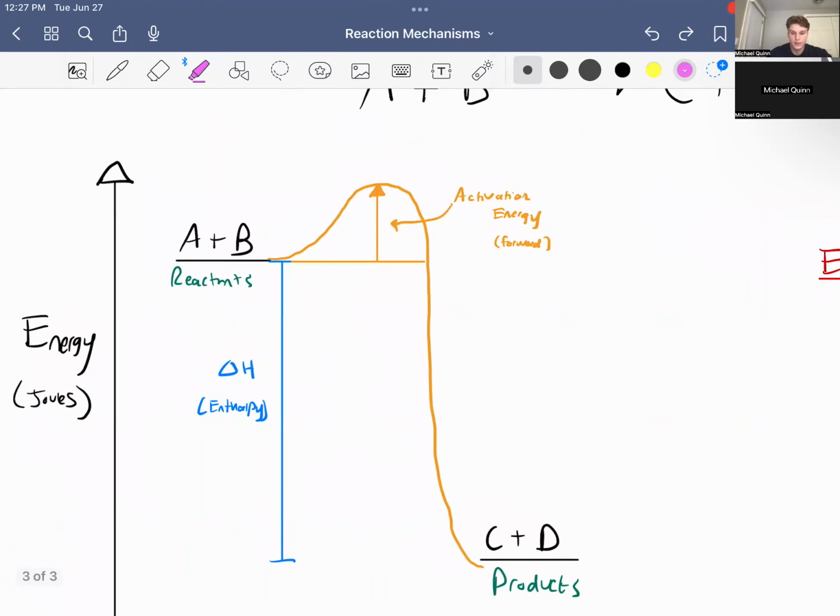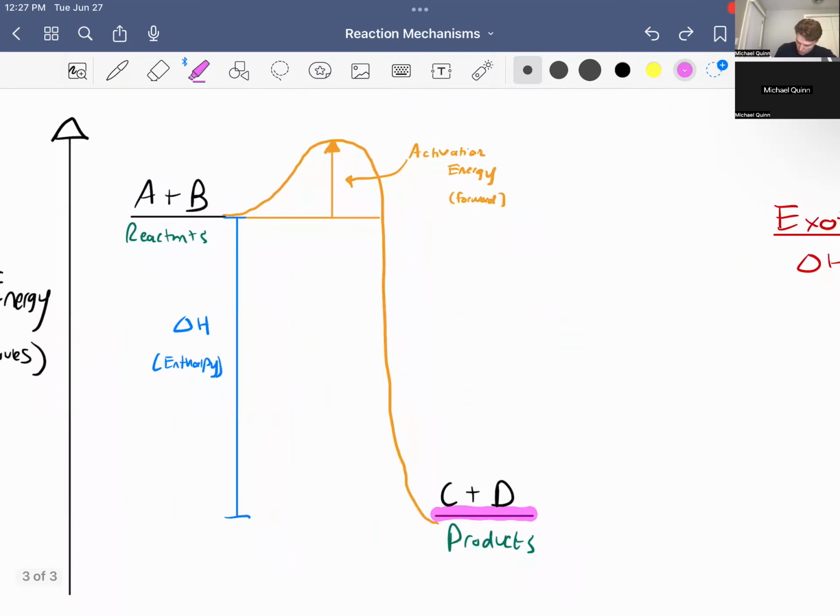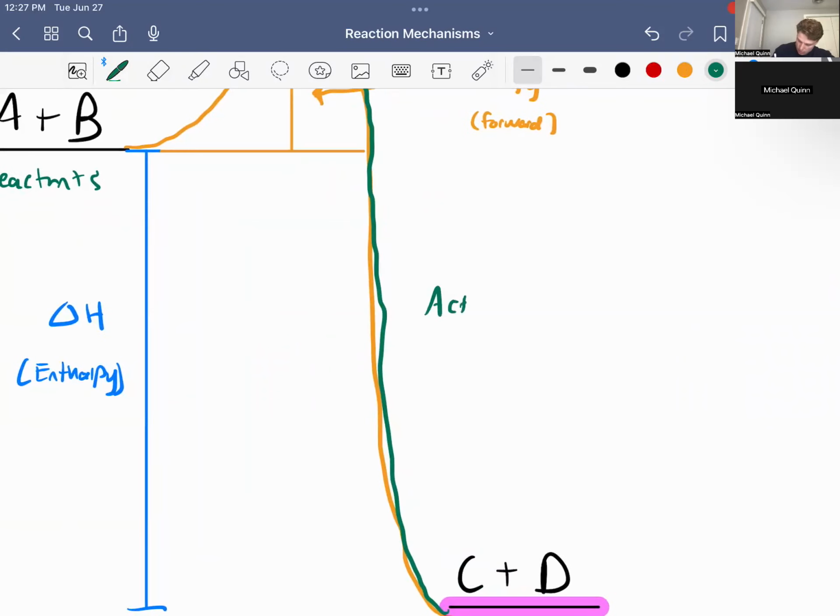Well, all we have to do is start from here and go all the way up to the top of this hump, and that will be our activation energy reverse. So running this reaction in the reverse direction.